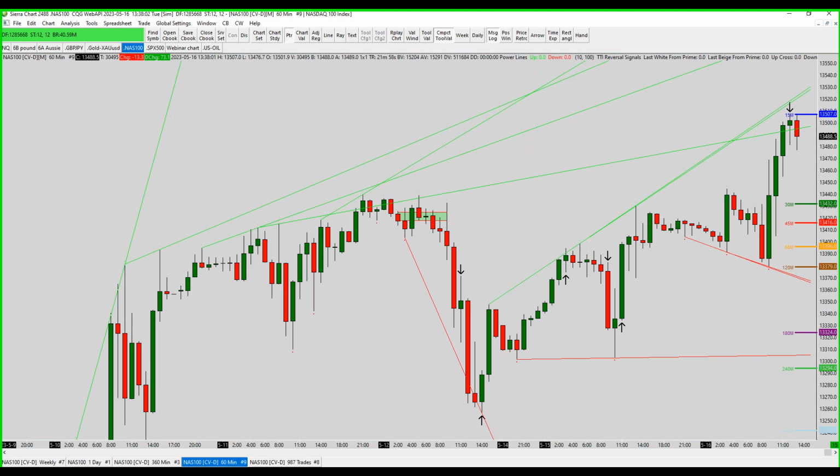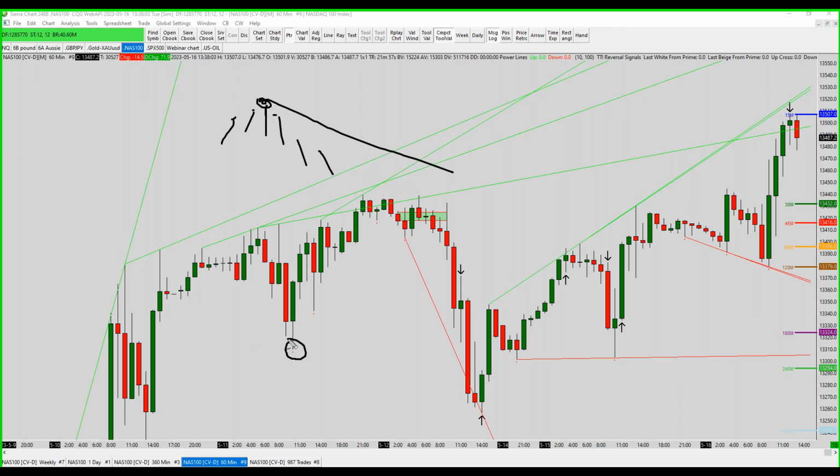But what is a fractal? When you have a candle going up, and then you have at least two candles on each side or more that are lower lows, lower highs from this high. This is lower, this is lower. So at least two on each side, this will be a fractal. And it will link to another fractal. Same thing with the candle that's going low. So this candle is going low.